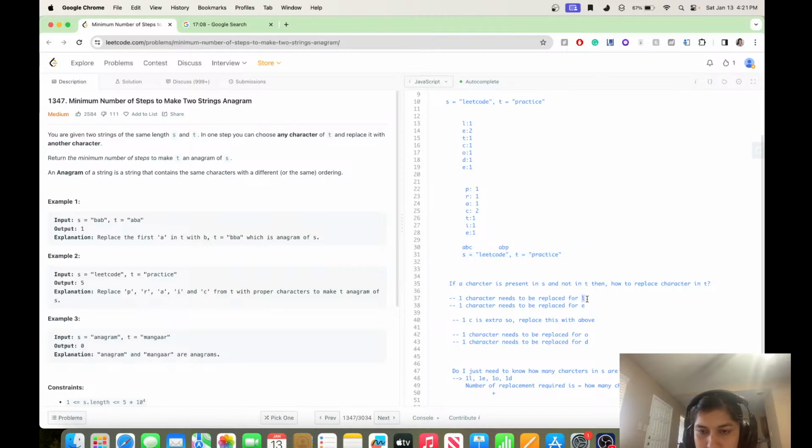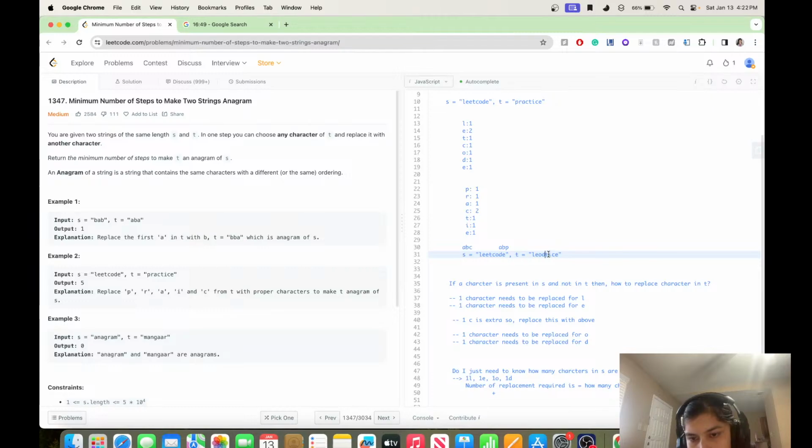Because there is L, I can replace L with P maybe, and I can replace E with this maybe, and I can replace O with this maybe, and I can replace D with this maybe. What am I saying? L E E T C O D. Oh, there are 3 E's. What the? 2 characters need to be replaced.